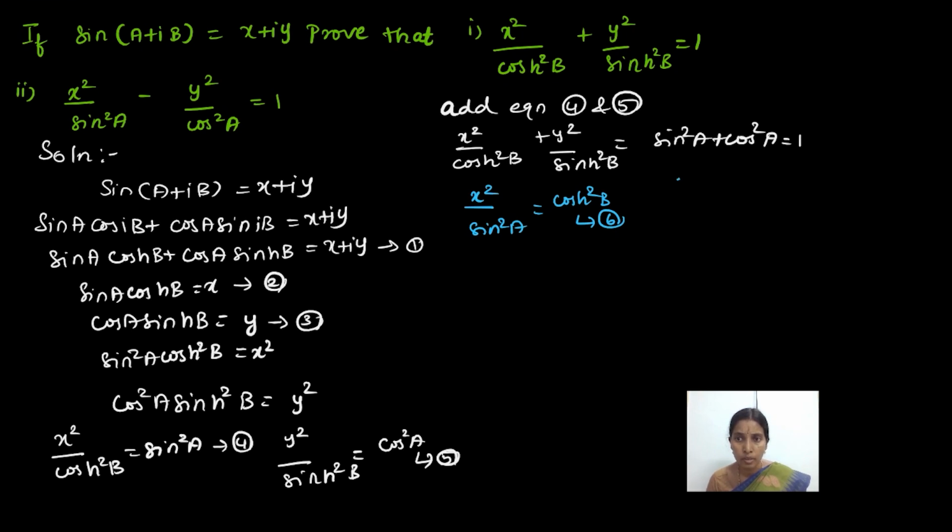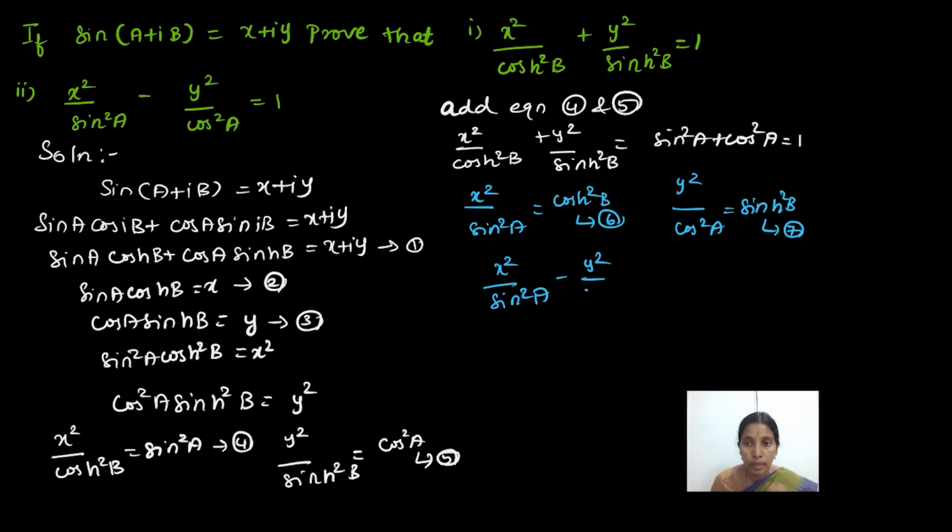And the next one is y²/cos²a = sinh²b. Consider this as equation number 7. Subtract these two equations. Finally, we get x²/sin²a − y²/cos²a = cosh²b − sinh²b. This is nothing but equal to 1.